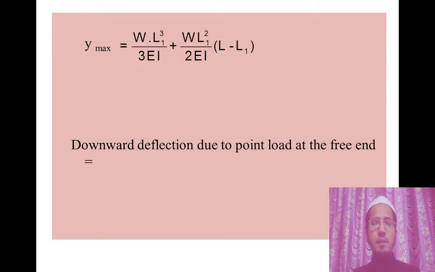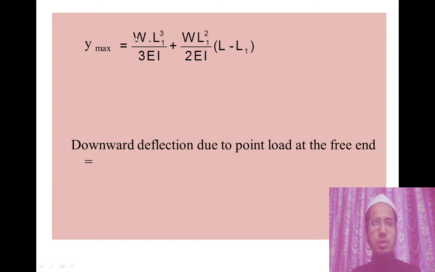So we know this Y max can be obtained as W a cube divided by 3EI plus W a square divided by 2EI into b. Here in our case, a is the distance of the point load from the fixed end, that is we have assumed L1, and b is nothing but total L minus a. Here a is L1.